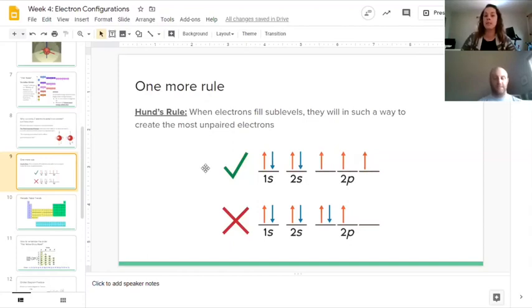This top example is correct, where each electron is in a separate orbital, whereas this bottom example does not do this. These are not having the electrons as far apart as possible. This is having the electrons as far apart as possible, but still being within that sublevel. They're going to fill in the way that creates the most unpaired electrons, so those negative charges are as spaced out as possible.